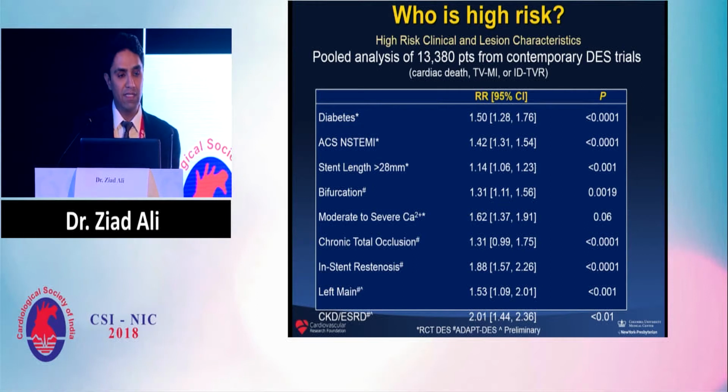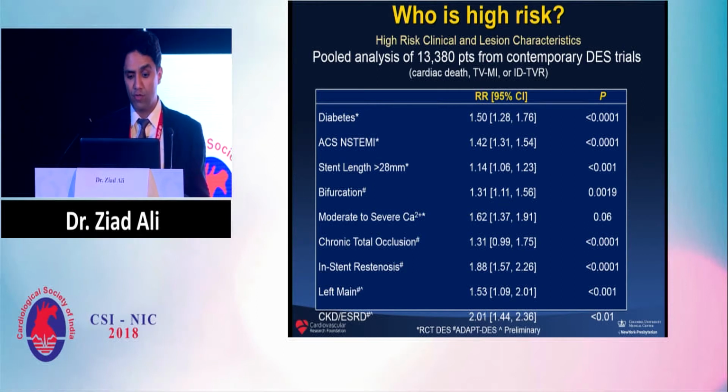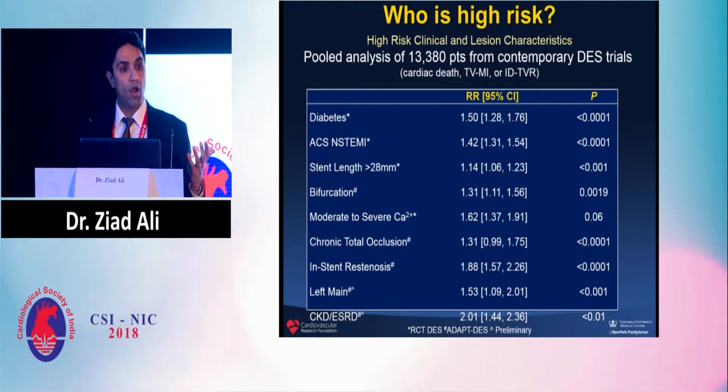So if you look, this is a recent analysis from the Cardiovascular Research Foundation of 13,500 patients from contemporary drug-eluting stent studies, which shows which patients are most likely to end up with a target vessel failure. And you can see it's all of the things that we know on a day-to-day basis.